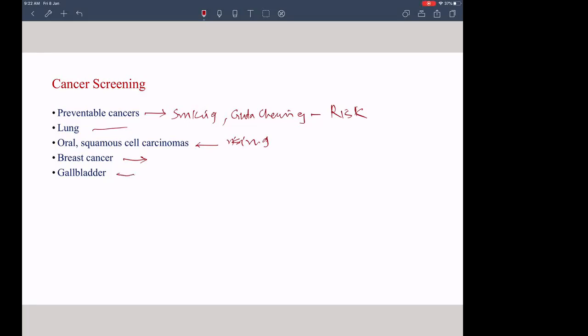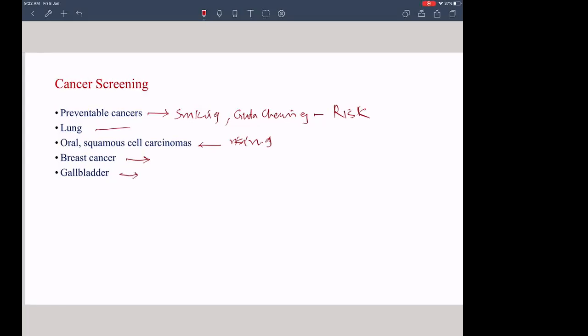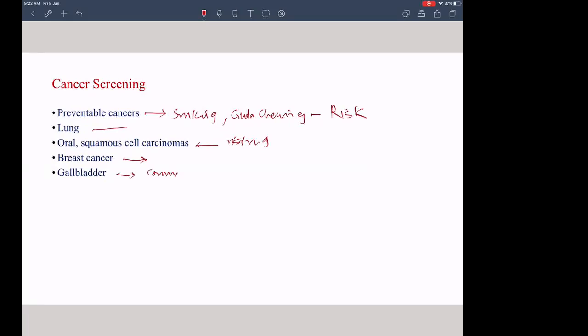Likewise, gallbladder cancer. Why is this so common? Still, the question has not been answered fully. Common in women, maybe less than 40 years, more common. Why are women more affected, men are not? What are the nutritional causes? What are the other environmental causes?